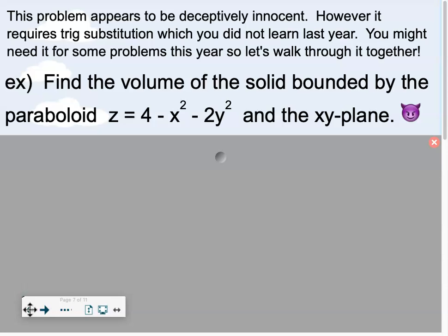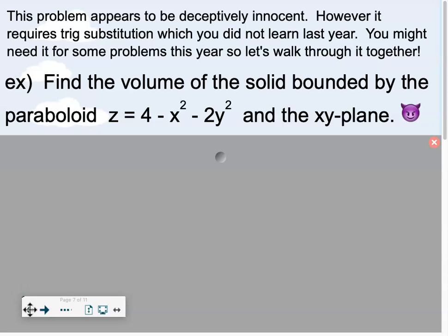So you might need it for some problems this year, so we're going to walk through this together slowly, step by step. Find the volume of the solid bounded by the paraboloid z equals 4 minus x squared minus 2y squared and the xy plane. Notice they did not give us any limits. We have to find our own.